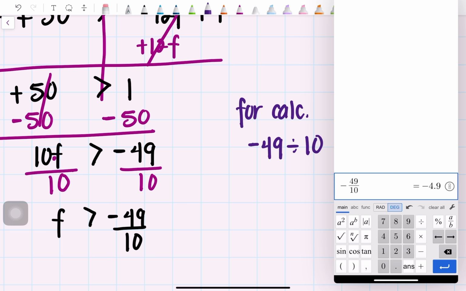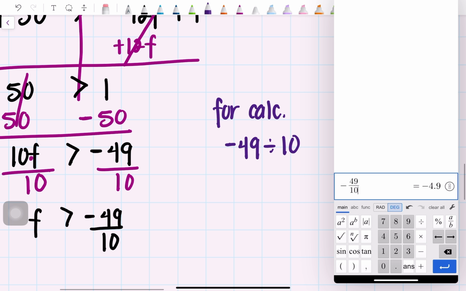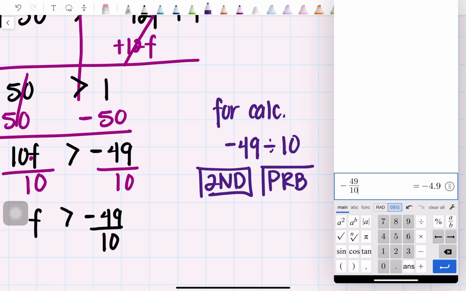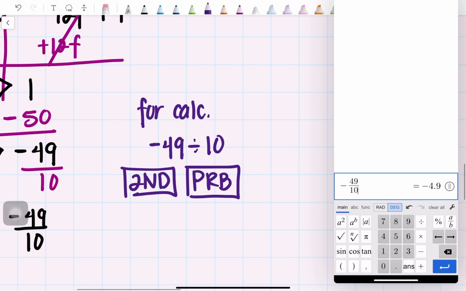But we actually want a fraction. Now, when you try to convert it to a fraction, which means you do the second and you do the PRB button, it's going to give you 4 and then a U and then 9 over 10. Something like that, right? But we don't want that.